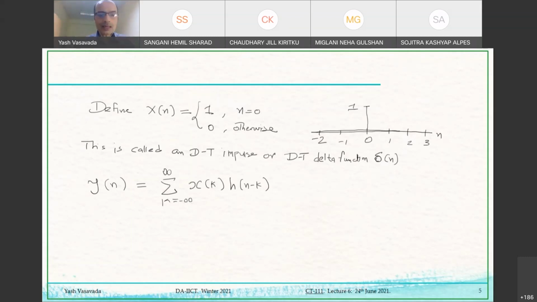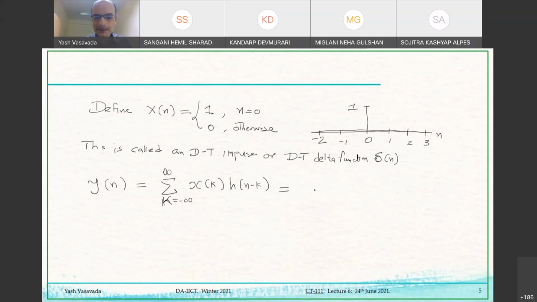Now, when x of n is defined like this, do I need to do this summation over k at all? No. The reason is because all the values of x are 0, except only one value of x which is not 0. So this boils down to what then? Who can tell me what this will be?